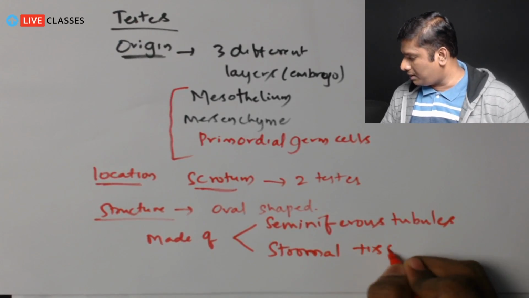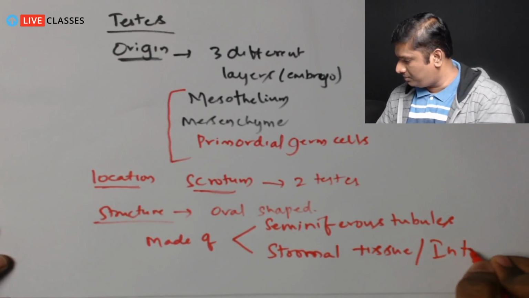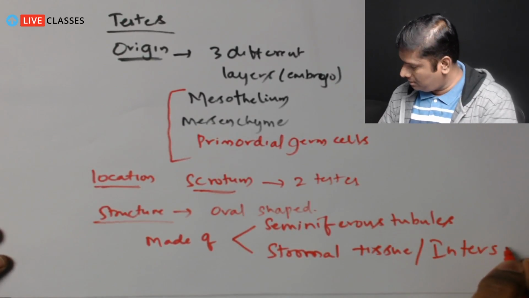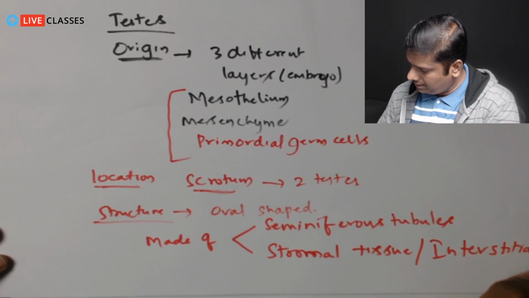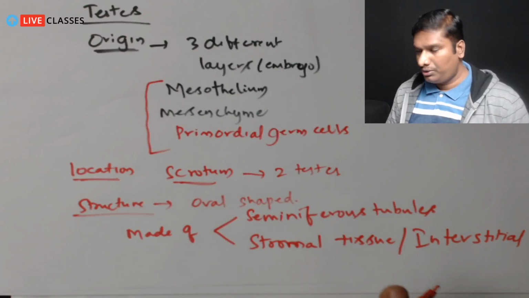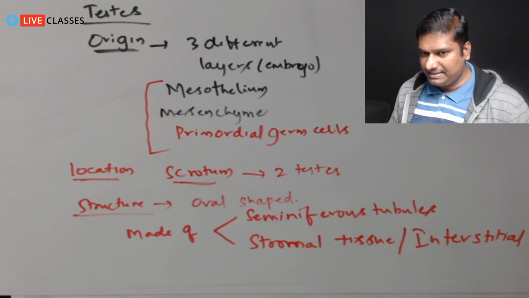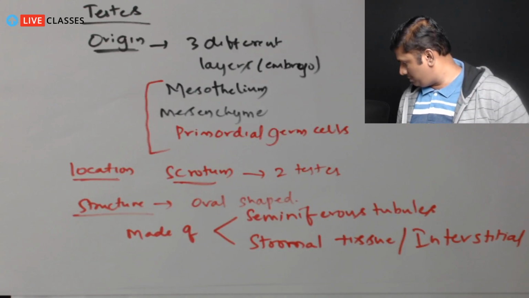It is also called interstitial tissue. So you have two things which make up the testis.